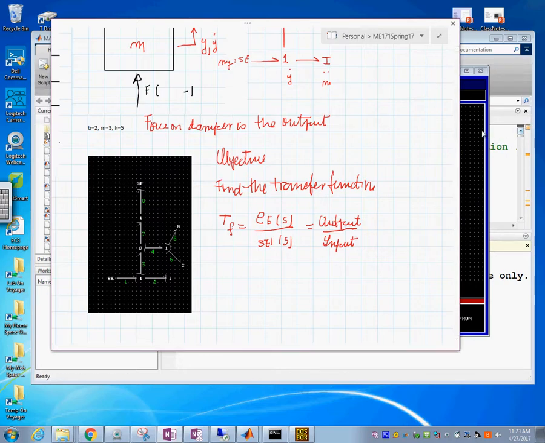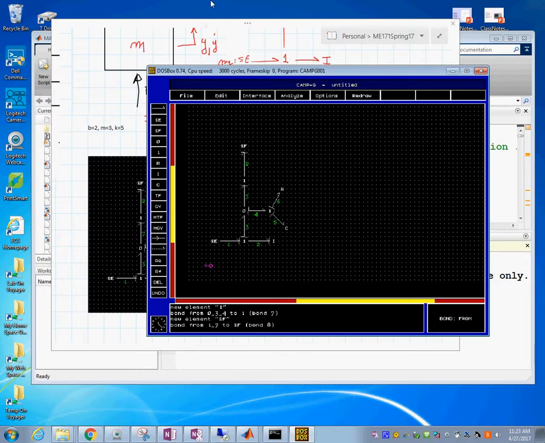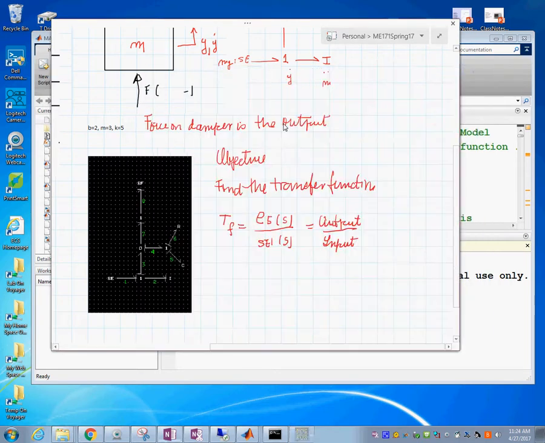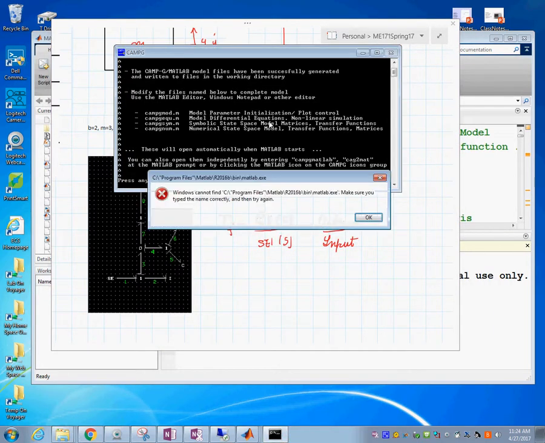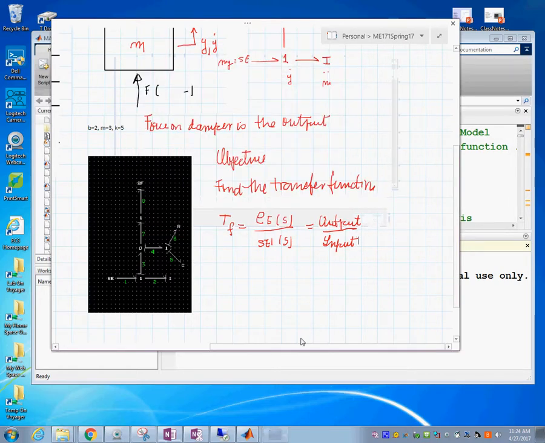So right now we go back to the CAMG software and we say, okay, look, I need this interface for MATLAB, and then the computer is going to generate those files.